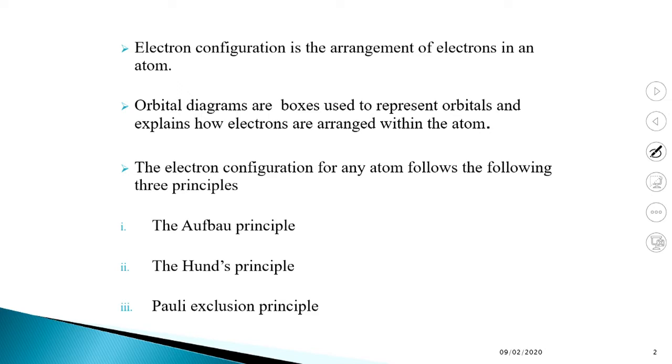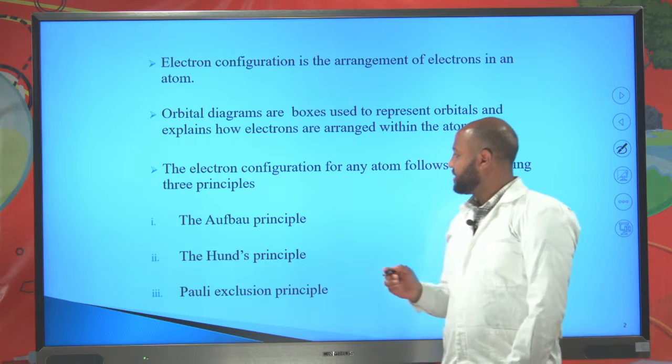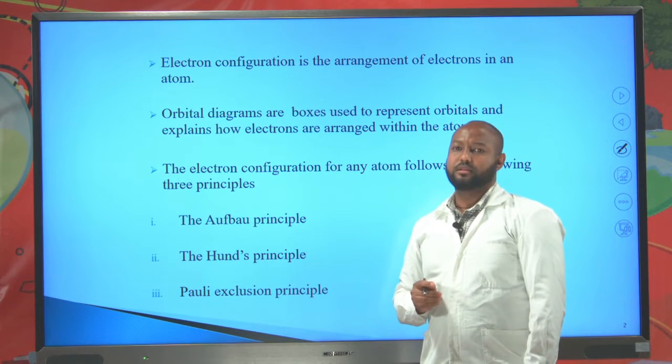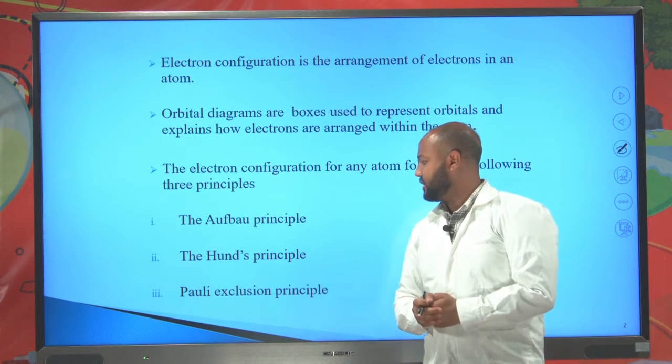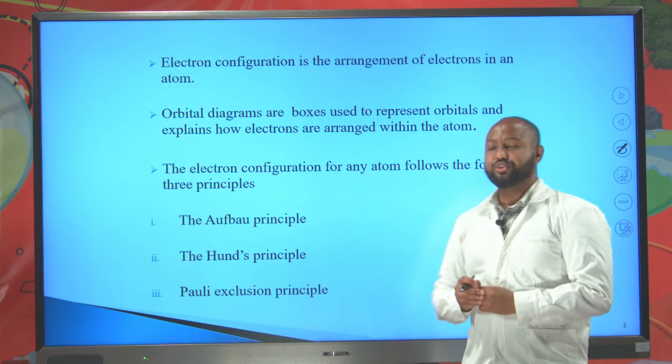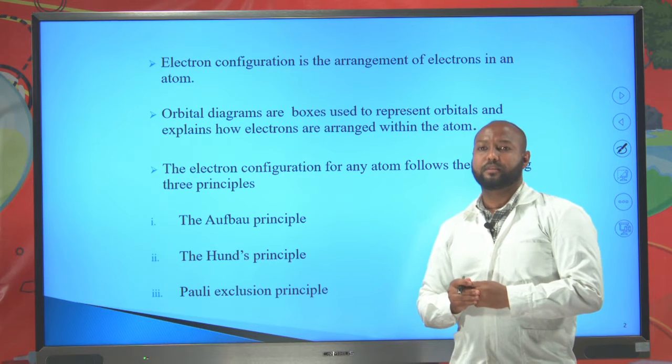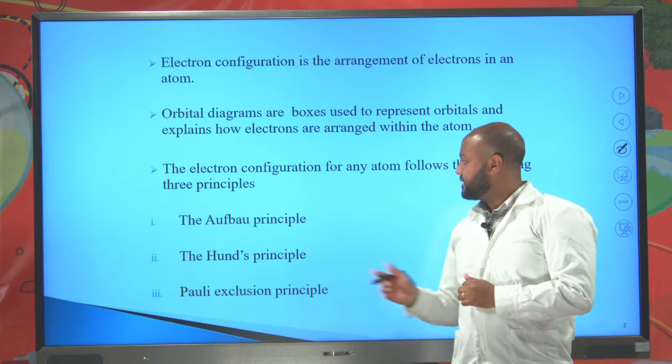So the electron configuration for any atom follows these three principles: the Aufbau principle, the Hund's principle, and the Pauli exclusion principle. Let's see these one by one.